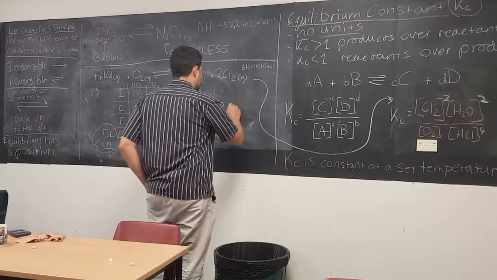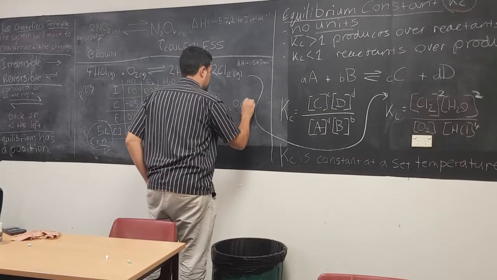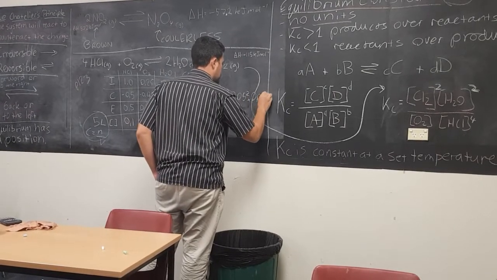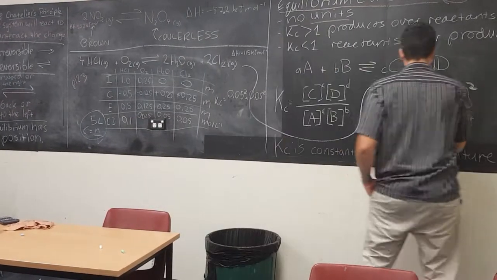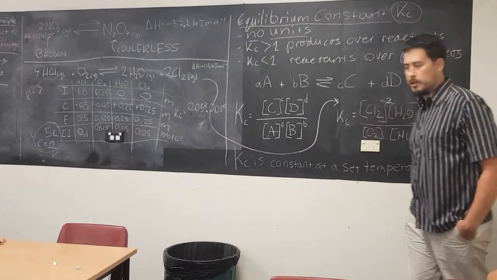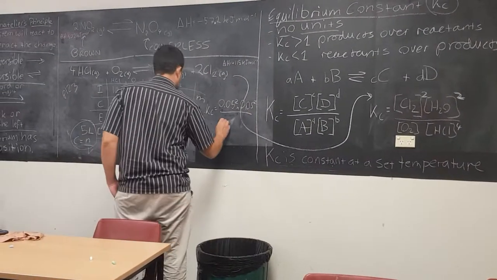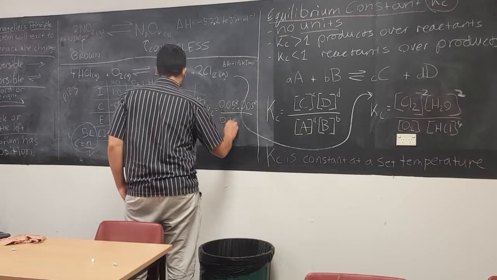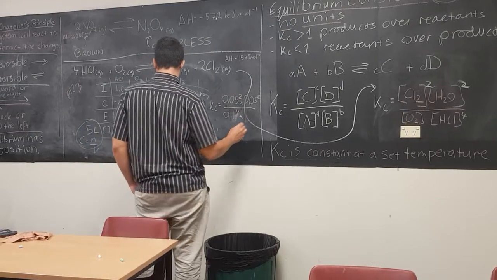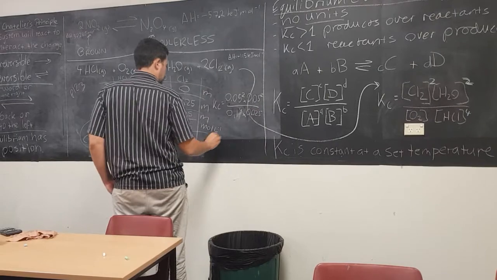So Kc will equal 0.05 squared times 0.05 squared, because we've done the chlorine and the water and their final concentrations, and we have to square them because of the molar coefficients. And that's going to be over 0.1 to the power of 4 times 0.025, and that's not times anything.